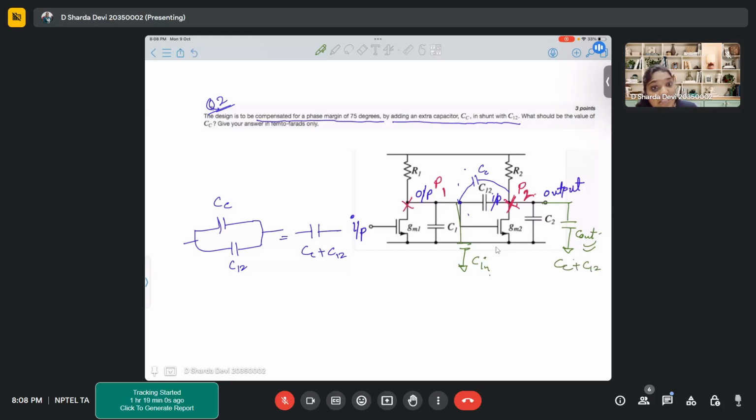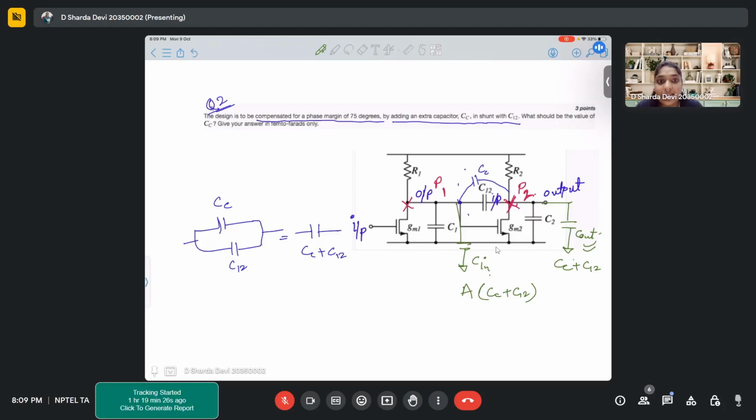There won't be much of a change. But what will happen to C in? It will become gain times of CC plus C12. So the multiplication with a gain times to that of already a new capacitor which is added is a huge factor of change. And that capacitance will definitely introduce the difference in the two poles.